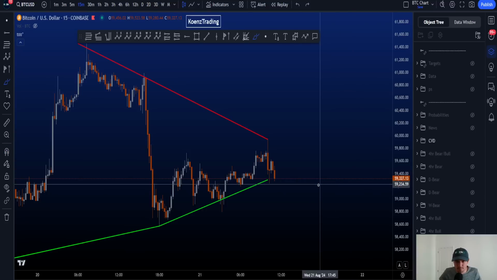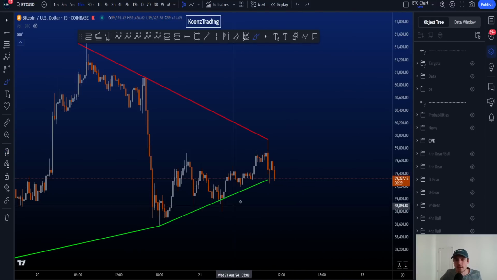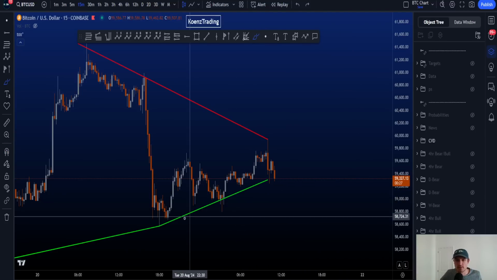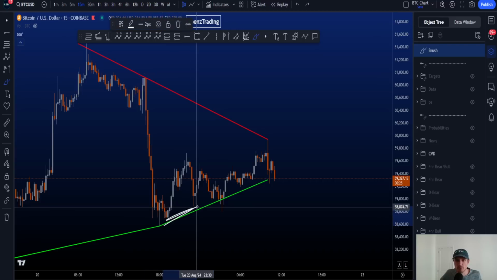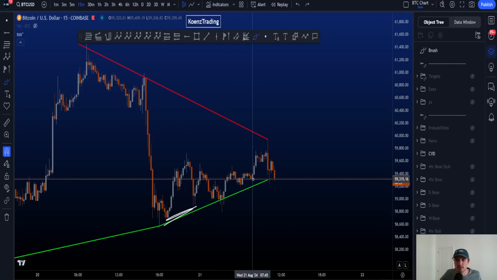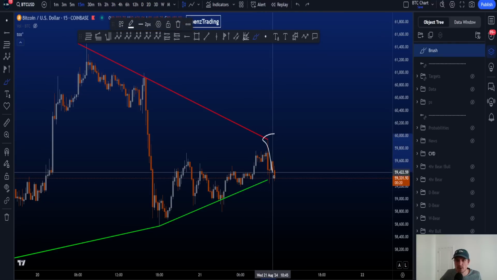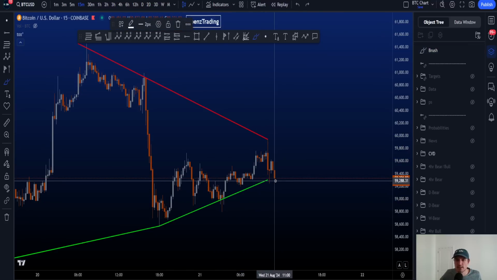Now the reason to look for that structure to the downside with additional bearish CVDs is because over here we had bullish CVDs and over here we had bullish CVDs as well, and with this wick and price moving down, we still have some bullish CVDs here.